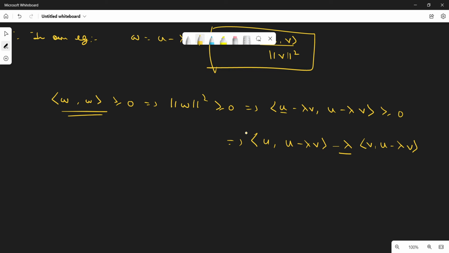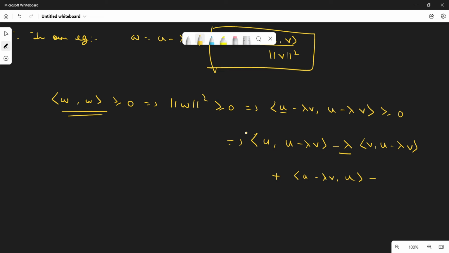Then we do the same here. First we take the conjugate of 1, which is 1 itself, so this can be written as the inner product of u minus lambda v with u. Clear?